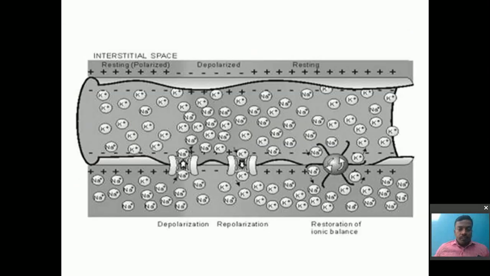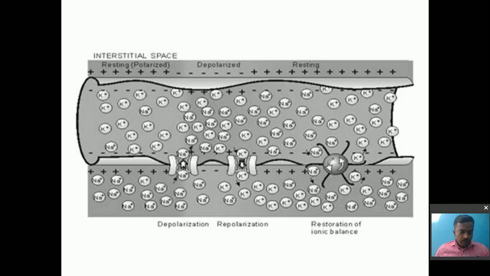So this is another diagram. This diagram shows the resting potential. See the left hand side. Here potassium is present inside the cells.